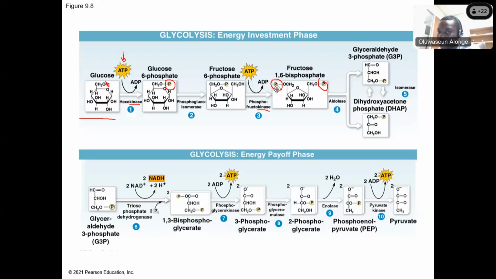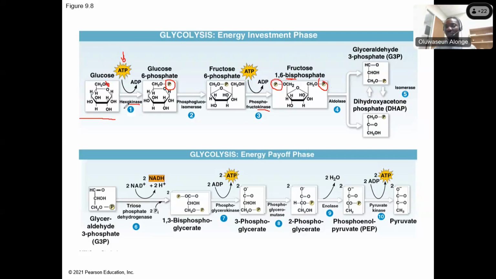So carbon 1 and carbon 6, meaning that we have 2 phosphates on this molecule and it is a fructose. So fructose 1,6-bisphosphate.